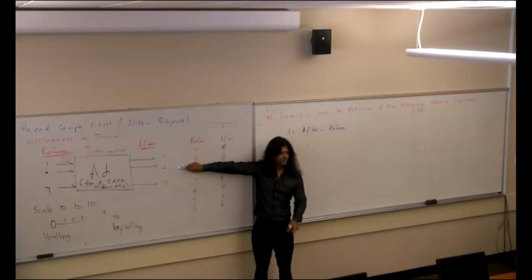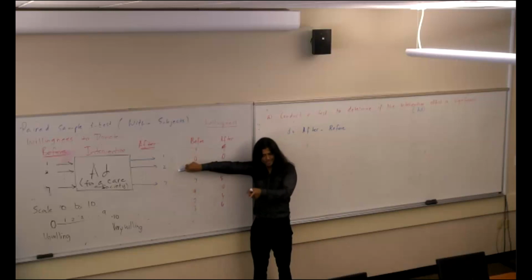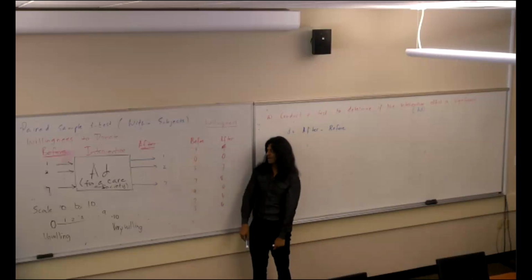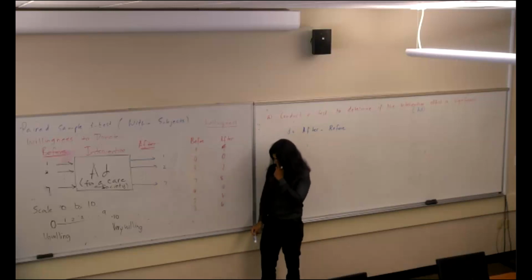Do you agree? If they live in the same house, they're probably connected somehow. One person is going to influence the other person. You are violating an assumption. Can't do this test. We're going to assume that they're all independent.